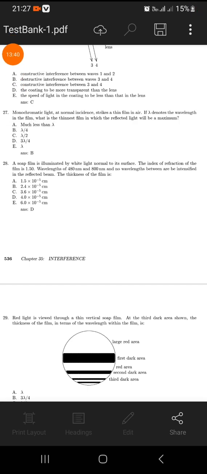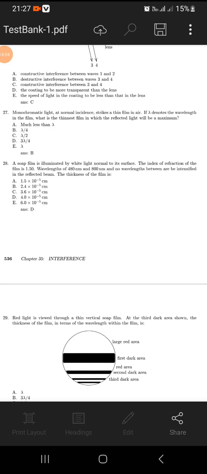Monochromatic light at normal incidence strikes a thin film in air. If lambda denotes the wavelength in the film, what is the thinnest film in which the reflected light would be maximum?